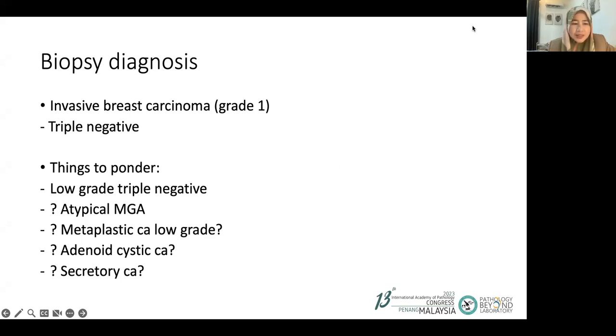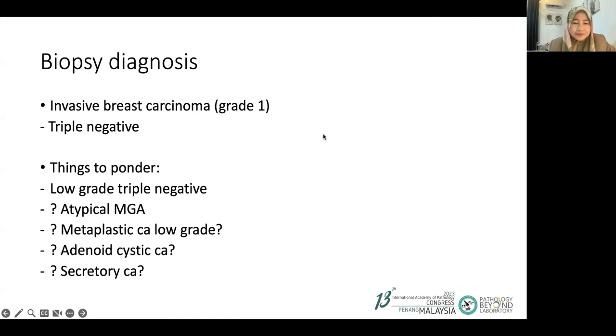When the carcinoma is grade 1 but triple negative, there are things to ponder. When we have a low-grade triple-negative tumor, is it possible that this is atypical microglandular adenosis, or a metaplastic carcinoma of low grade, or an adenoid cystic carcinoma, or a secretory carcinoma?